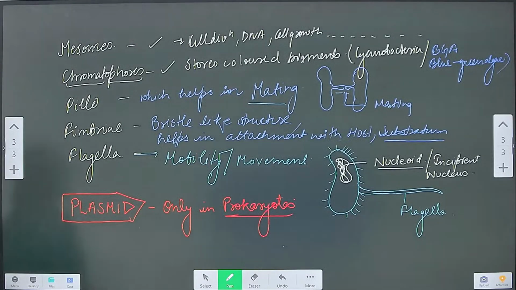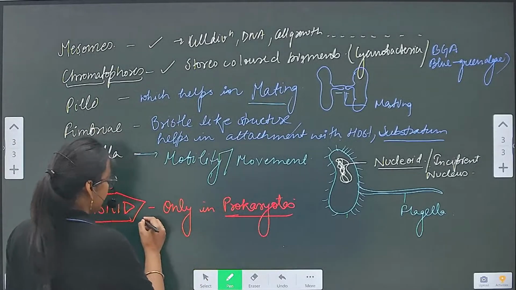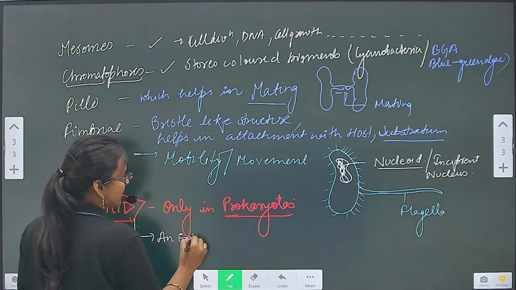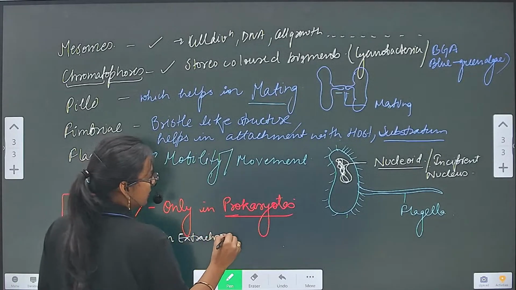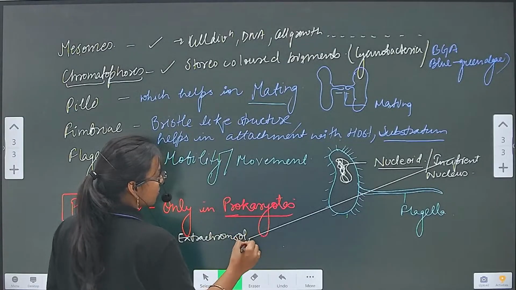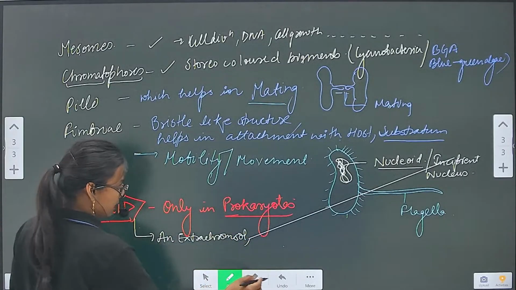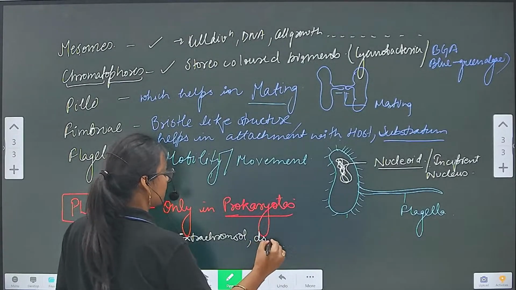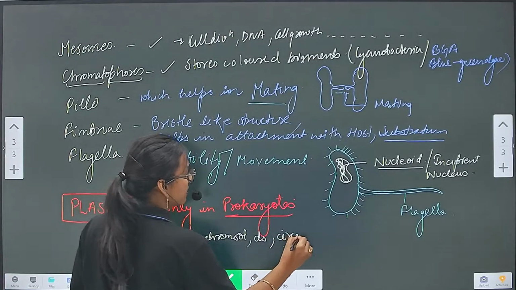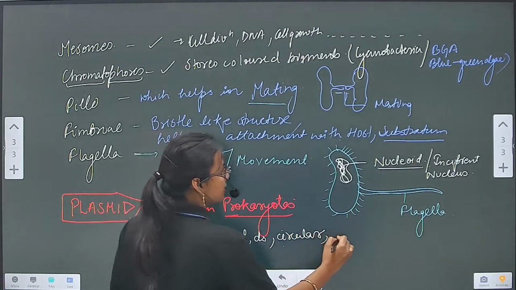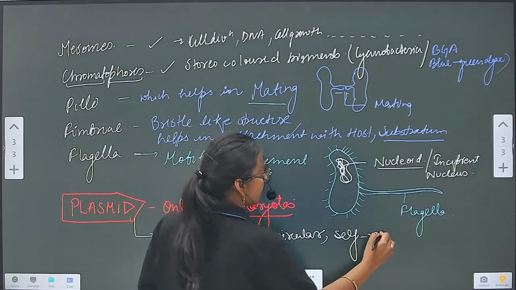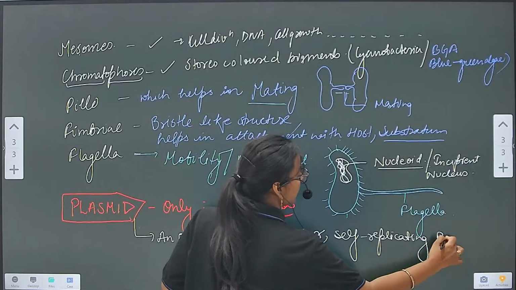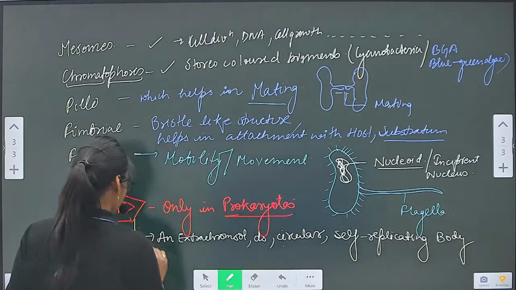And what is that? That is the plasmid, which is an extra chromosomal, double-stranded (DS stands for double-stranded), circular, self-replicating body called a plasmid.